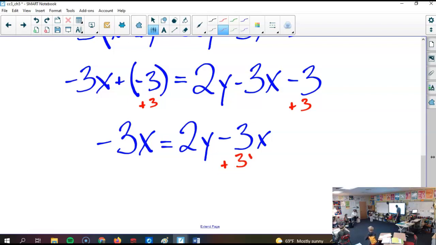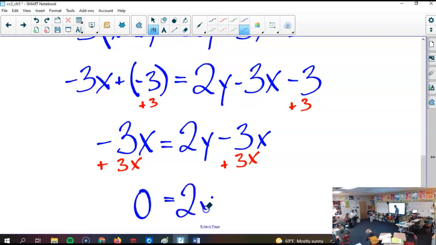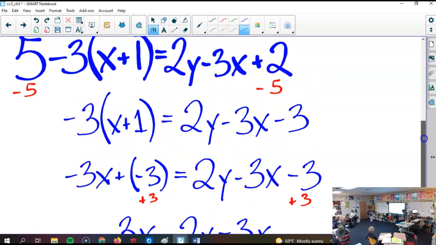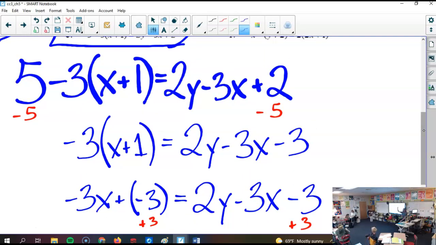If I add 3x, so again, ask me if you don't know how I got to where I am, but if I add 3x, we get 0 equals 2 what? Wait, what? That's so weird. I divided 0 by 2. Not possible. No, you can't divide 0 by 2.